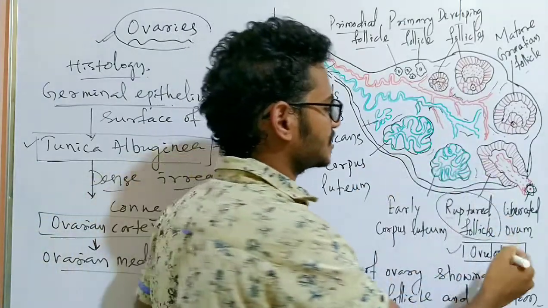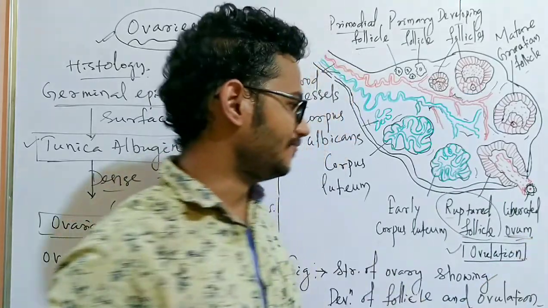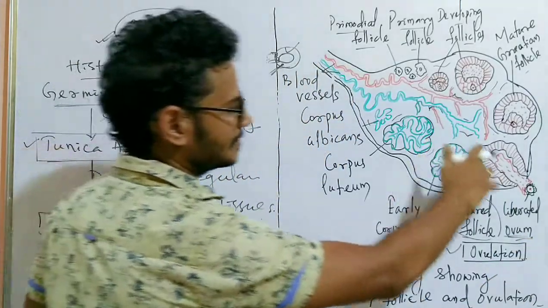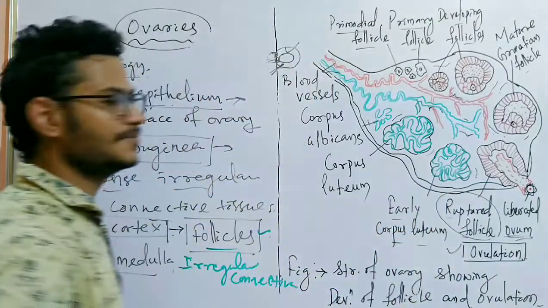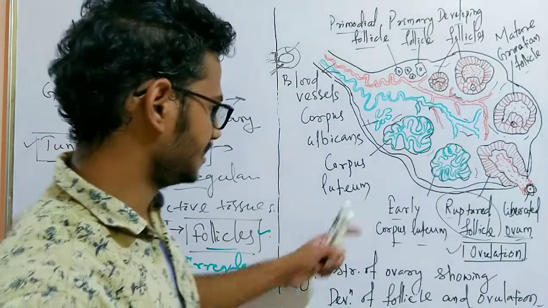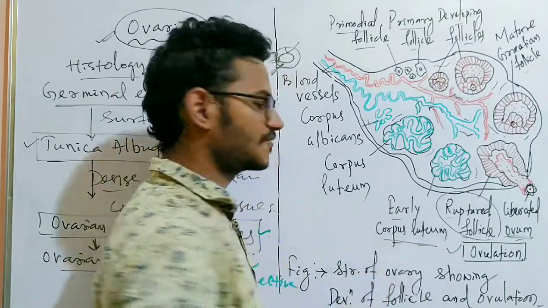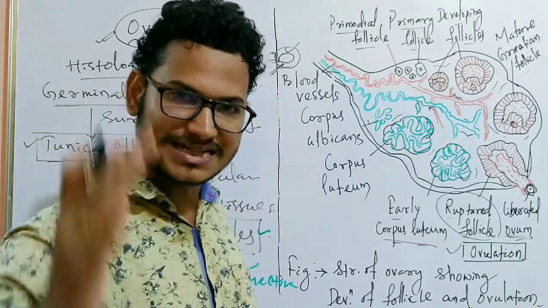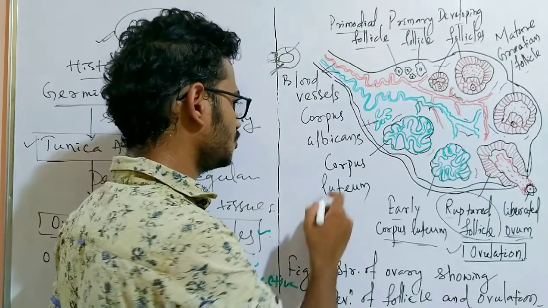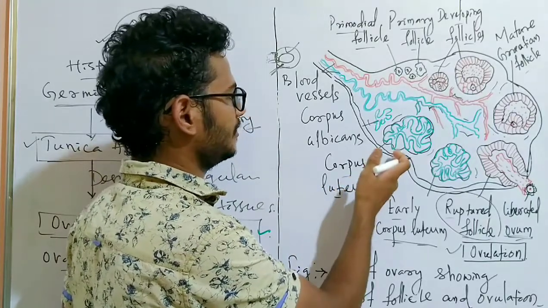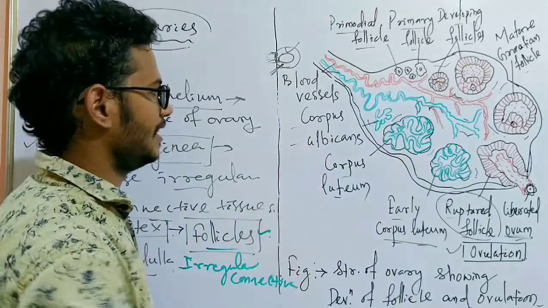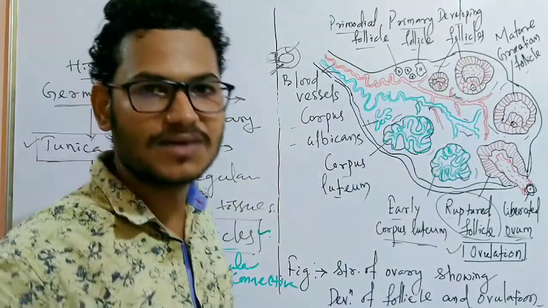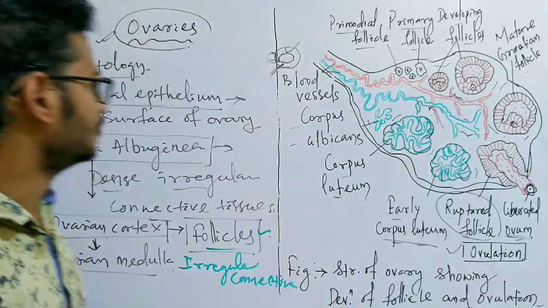Okay, so the secondary oocyte develops into the ovum, right? After the rupture of the Graafian follicle, the corpus luteum is formed. We will study the different functions of this corpus luteum. It is important for the secretion of female sex hormone, and then the corpus luteum gradually degenerates to form the corpus albicans, and finally the corpus albicans disappears inside the ovary.